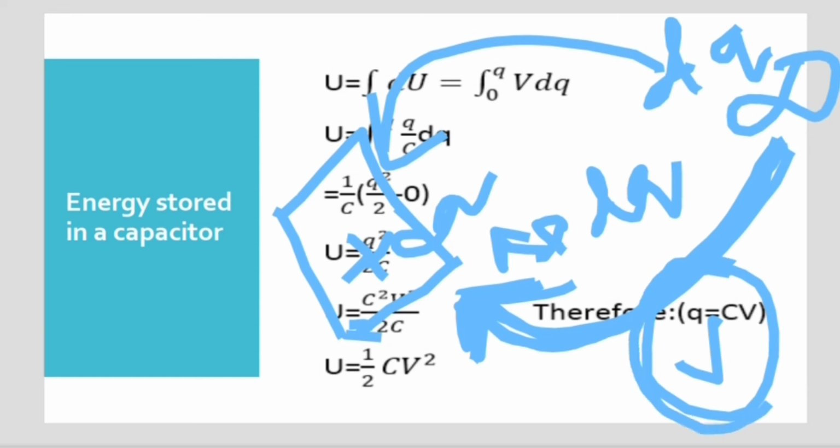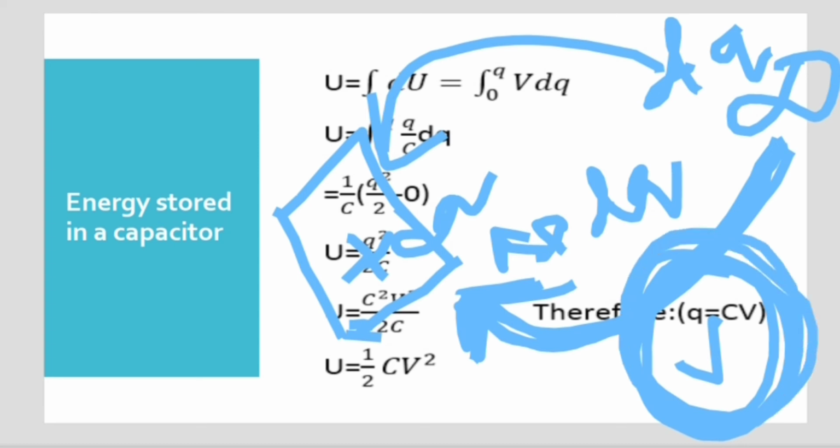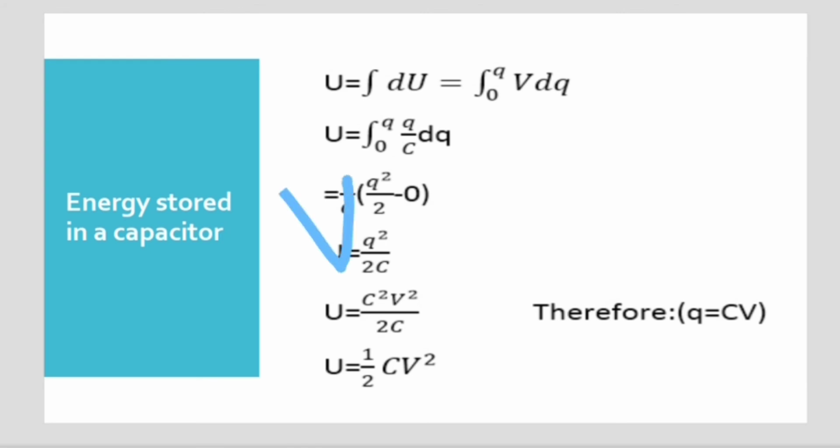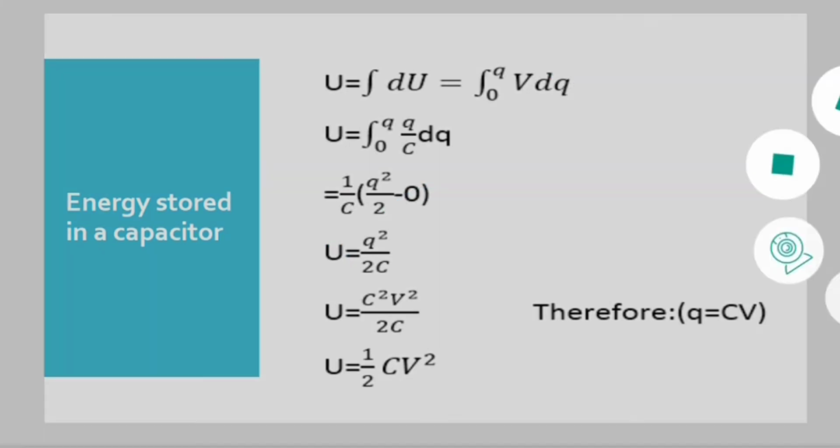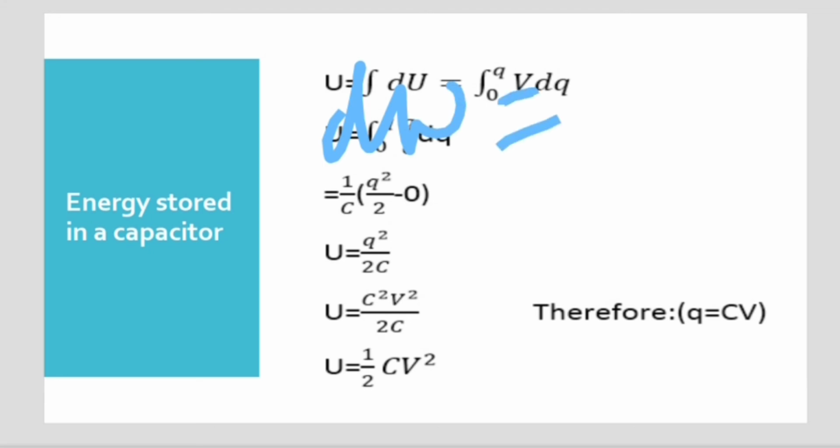So some work is done, and that work done leads to electric potential. So dw by dq is the potential we are creating in the total process of bringing dq charge to a point. So our equation becomes dw equals v dq.